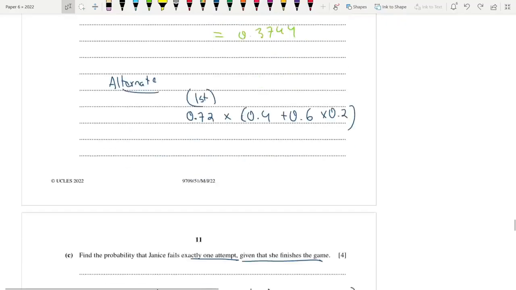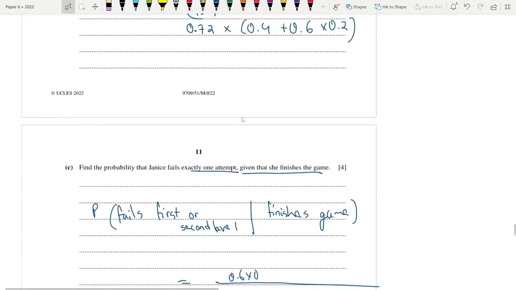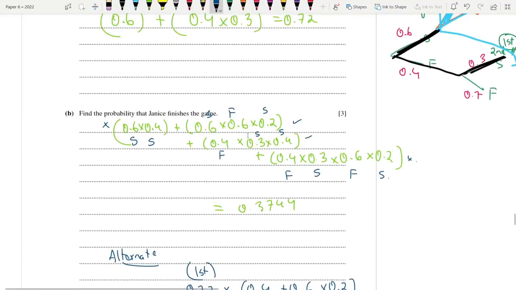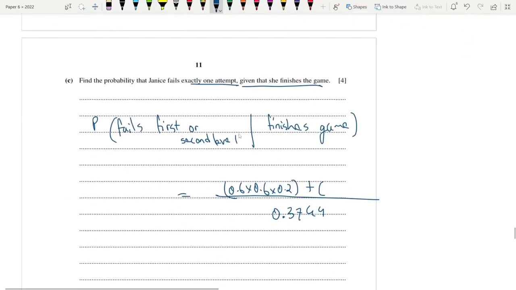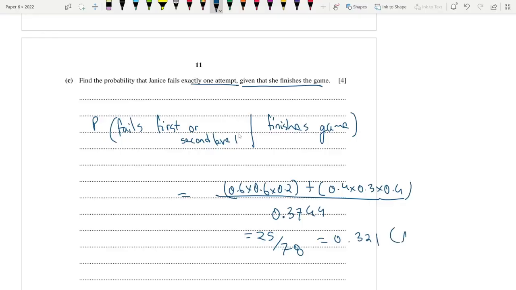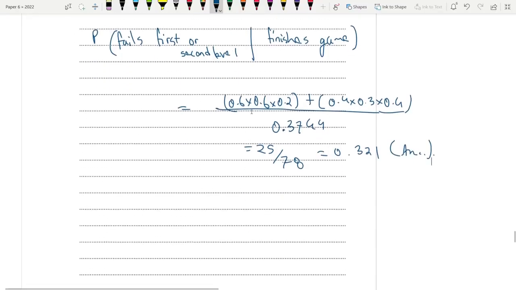So 0.6 times 0.6 times 0.2 plus 0.4 times 0.3 times 0.4. Okay, let's find this. 25 by 78, exactly. Or you could write, since it's irrational, 0.321. Anything works, okay? So guys, that's all.